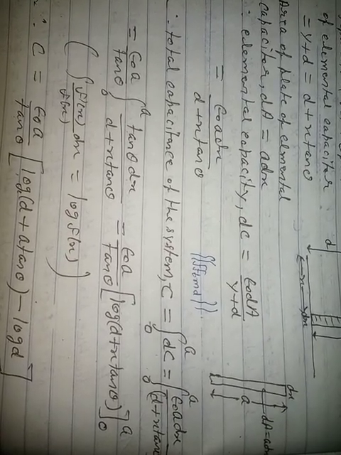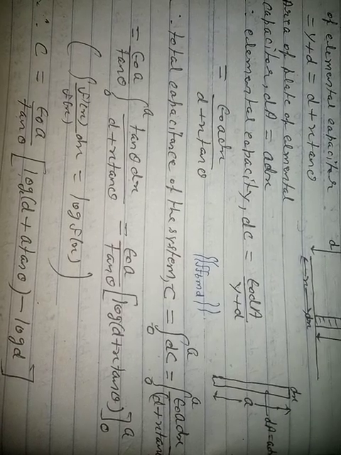Hence elemental capacitance dC equals epsilon naught dA by y plus d, equals epsilon naught A dx divided by d plus x tan theta.